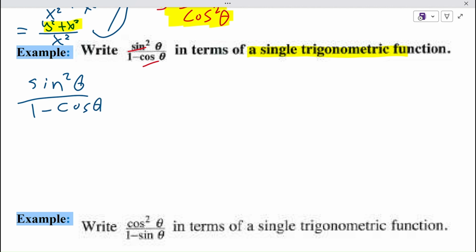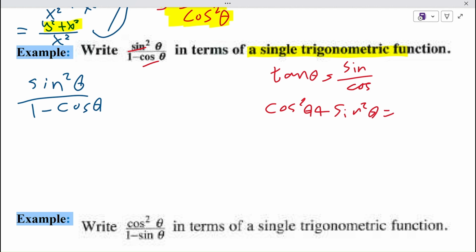Our rules are: at first I told you tan theta is equal to sine over cosine, right? Then I told you cosine square theta plus sine square theta is equal to 1. By putting sine there, cosine square theta is equal to 1 minus sine square theta.